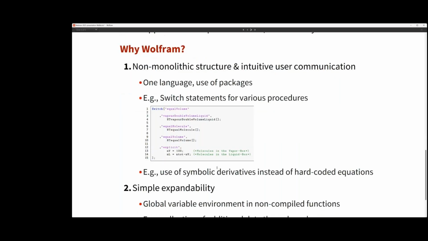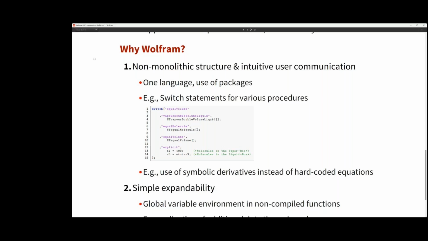Now, why choose the Wolfram language for such a simulation? Well, actually, the structure of these Monte Carlo algorithms, which basically consist of some nested loops, suggests the use of Fortran or C, where these languages can play to their strength. And indeed, most open source software packages for Gibbs Ensemble Monte Carlo simulations are actually implemented as quite monolithic Fortran or C code.